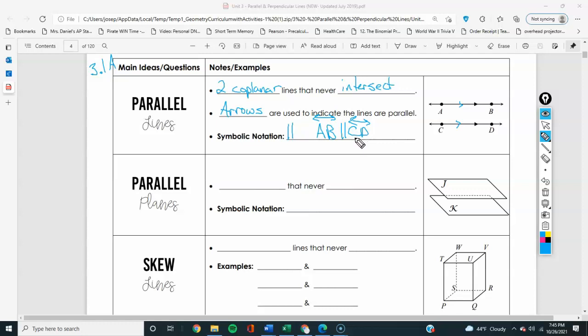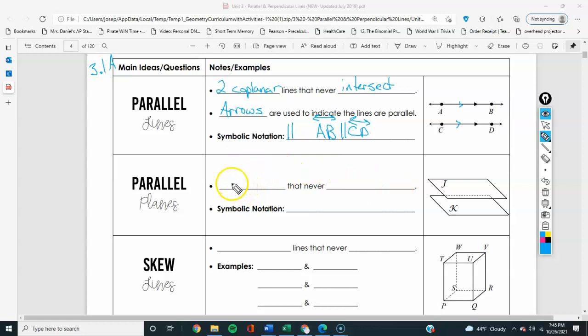Now let's talk about parallel planes. Parallel planes are like if you have two sheets of paper, one on top of another. Or think about the room you're in right now. Think about your two side walls. They don't intersect, and imagine them going on forever.